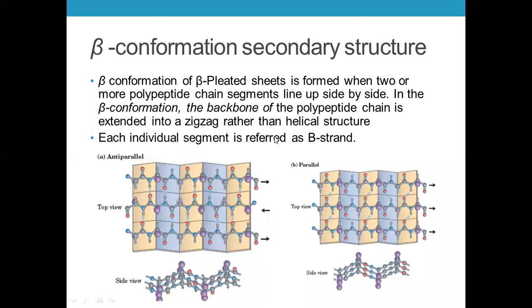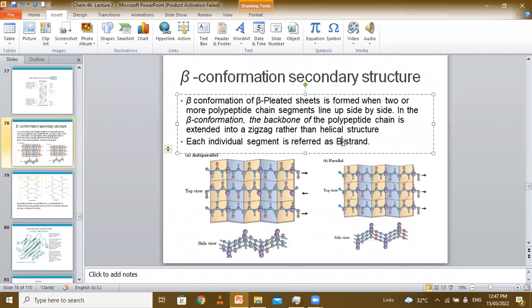There is an interaction between these amino acid sequences or polypeptide chains lined up side by side. In the beta conformation, the backbone of the polypeptide chain is extended into a zigzag rather than a helical structure. So you have a zigzag structure here, with the chains of polypeptides lined up side by side, and they are stabilized by weak forces of interaction.